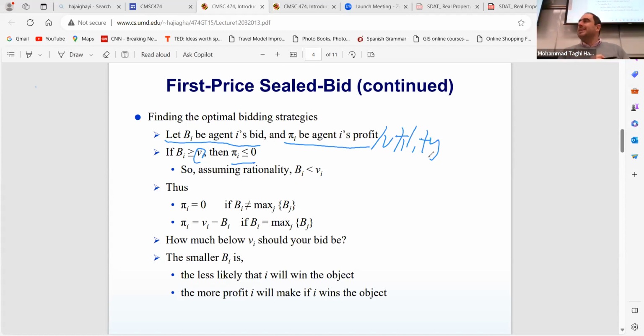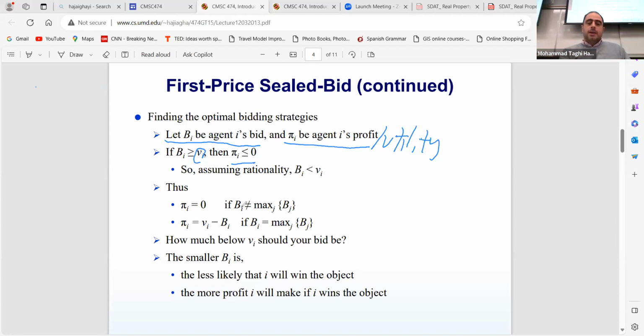That doesn't necessarily mean your profit is negative, because in some sense you have a higher valuation for that house. But a reasonable agent doesn't bid more than his or her actual valuation.